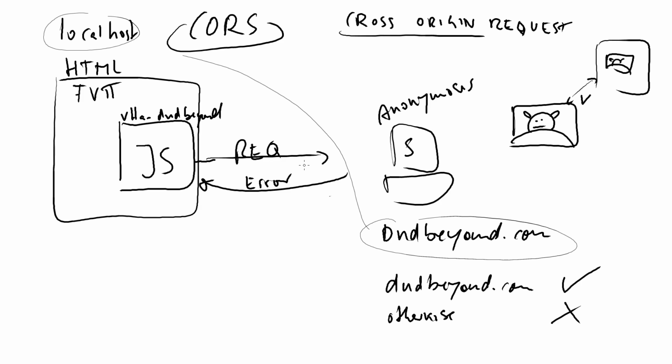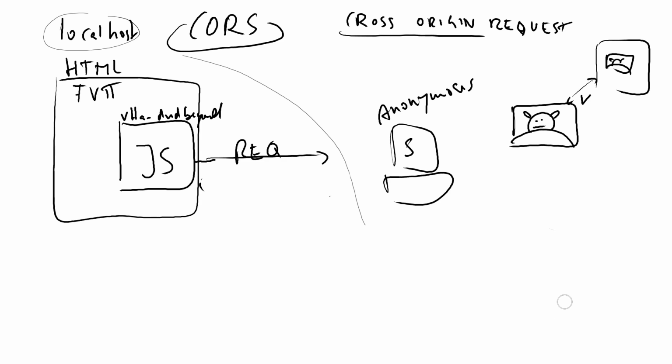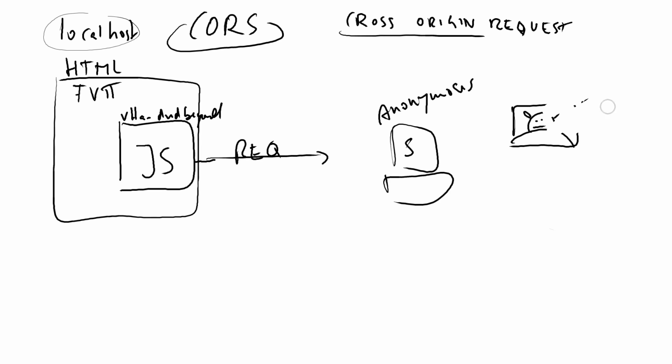So let's try to solve this issue here, right? So let's try to delete this error here, and let's circumvent this CORS issue, because it's basically something your web browser is dealing with the D&D Beyond web server, and that means let's exclude your web server from this mechanism by using a proxy.